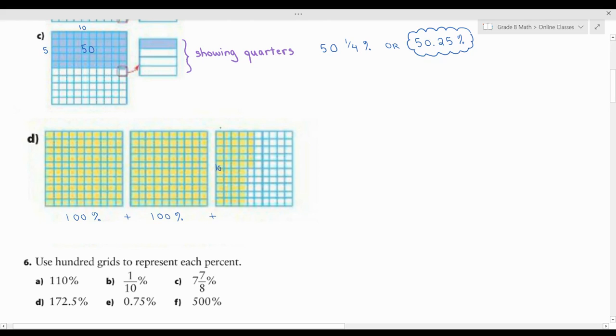This is 10 by 1, 2, 3, 4 fully colored. So that would be 40. But then I have 1, 2, 3, 4, 5 extra ones colored in. So that's indicating 45%. When you add those all up together, 100 plus 100 would be 200. Add the 45, that's actually representing 245%.